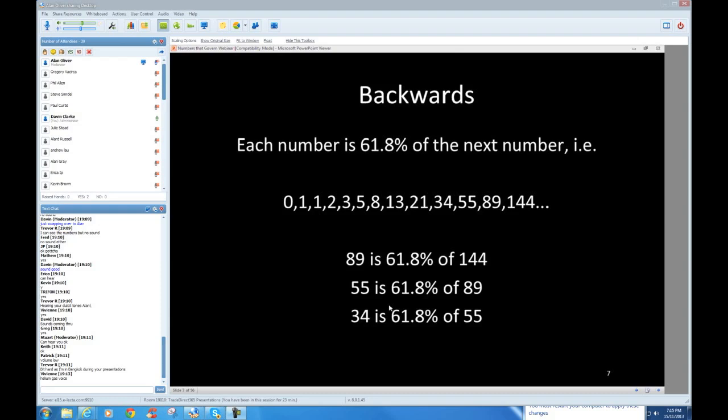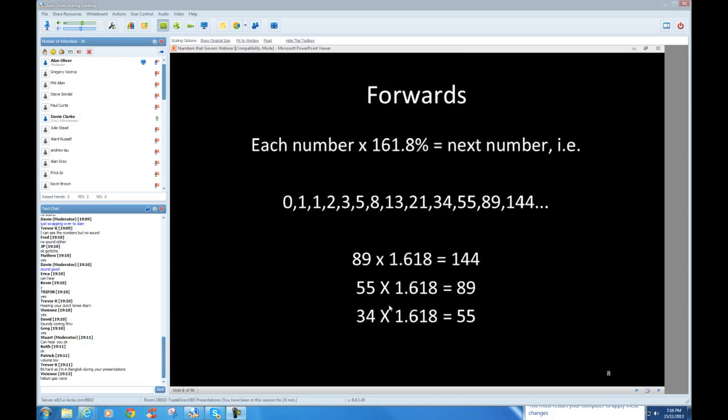So 89 is 61.8% of 144, and 55 is 61.8% of the next number, which is 89. So what we've got is this sequence of numbers, and we also can use the Fibonacci ratios to go forwards in the chain. So for example, 89 multiplied by 1.618 gives us 144, and 55 times 1.618 gives us 89.